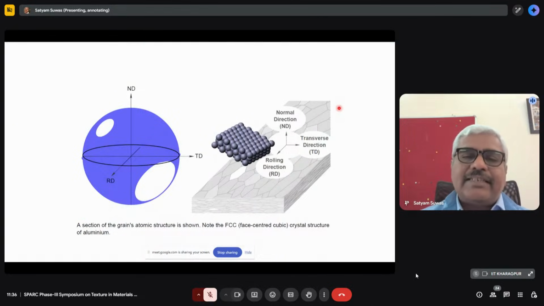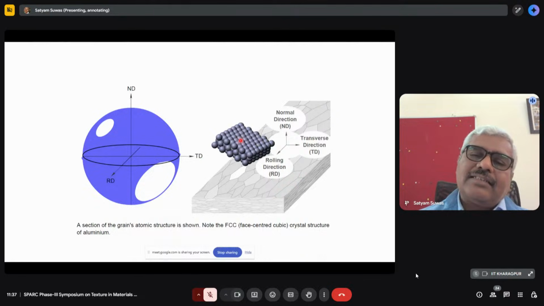Now, since in texture we are dealing with basically a polycrystalline material, you can see here that these are the grains of a polycrystalline material, a microstructure that most of us are familiar with. And we know that each grain is a single crystal in itself, or close to a single crystal.